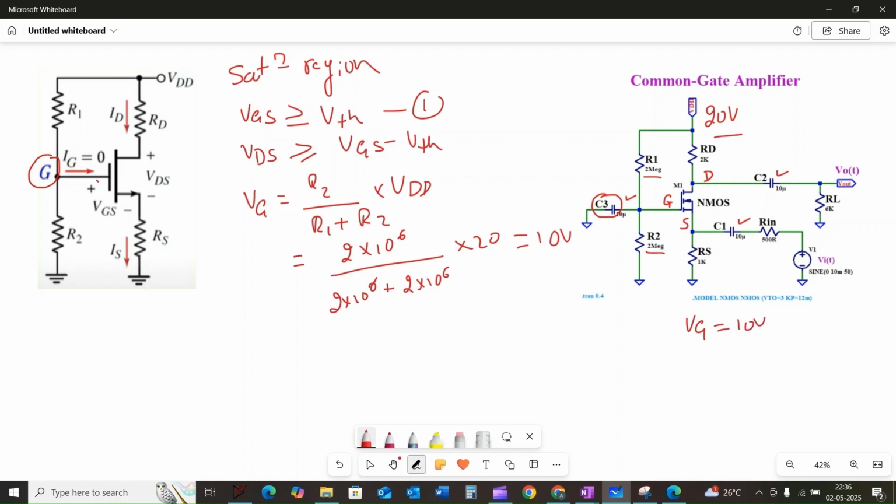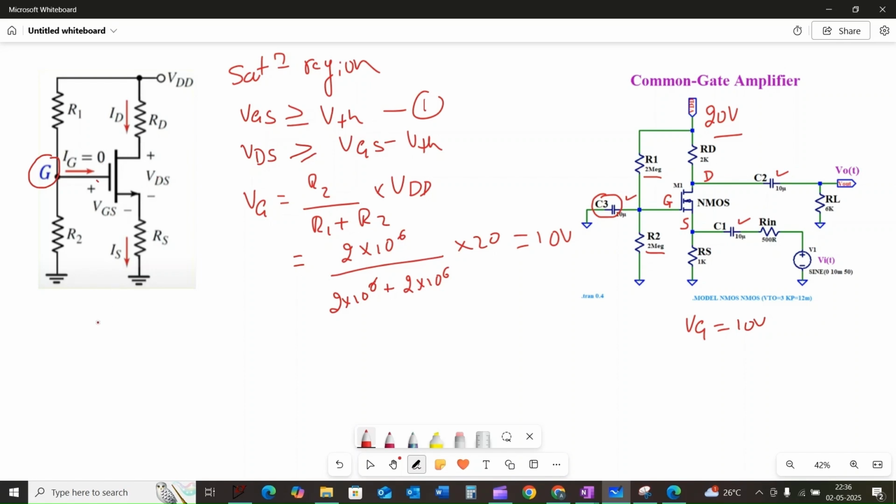By applying Kirchhoff's voltage law at the input terminal, we can relate VG, VGS and the voltage across the resistor RS, which depends upon the source current, since the gate current is 0.